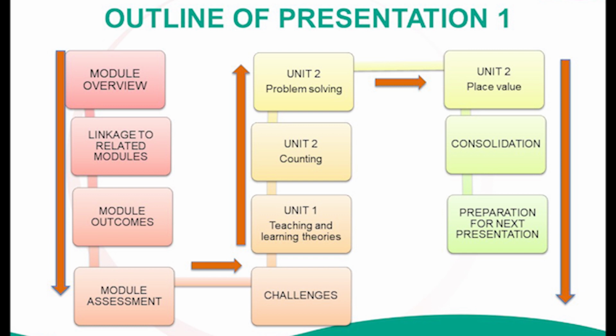Next, we move on to the linkage to the related modules, the module outcomes, the module assessment, the challenges. Then we move on to Unit 1, Unit 2 on problem solving, Unit 2 on place value, consolidation, and then we would talk about preparation for the next presentation.